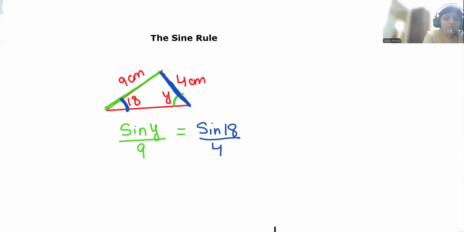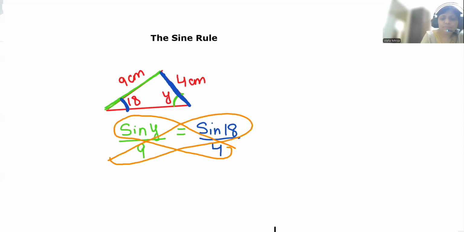Again, what I can do is cross multiplication here. So this multiplied by this is equal to this multiplied by this. So I will write here 4 multiplied by sine y will be equal to 9 multiplied by sine 18.